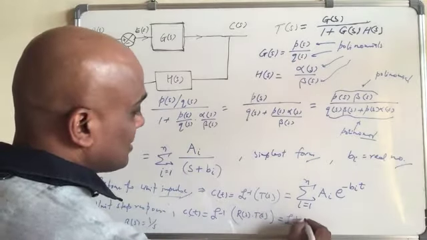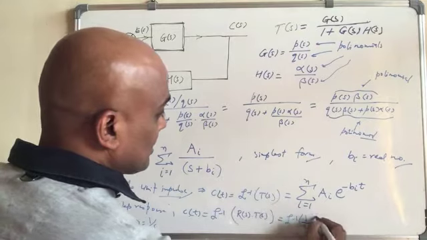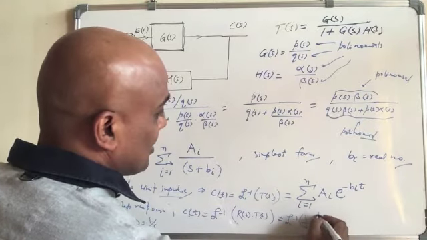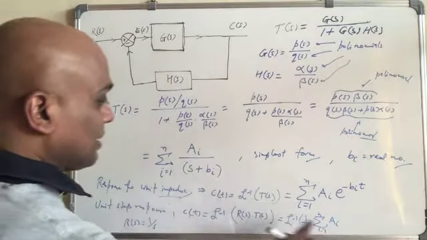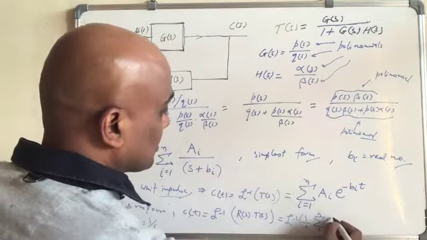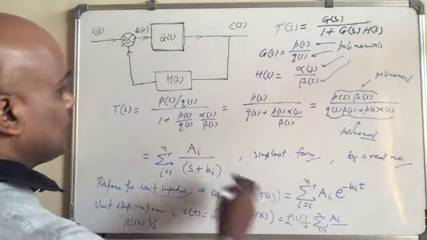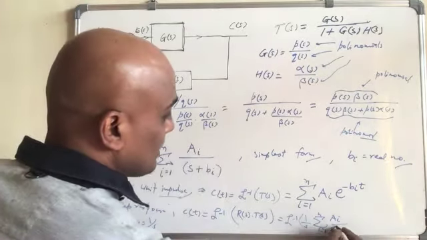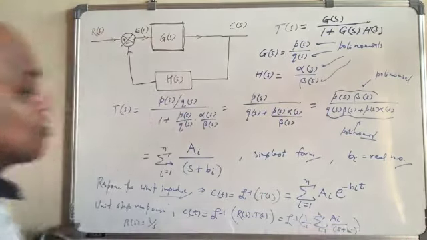So it will be L inverse of 1 over s multiplied by the summation for i equal to 1 to n of a_i over s plus b_i. So you have to find that.